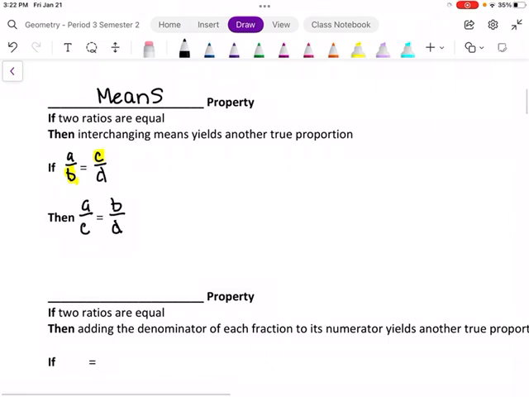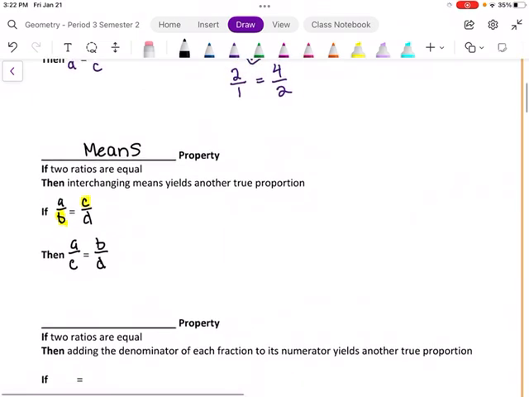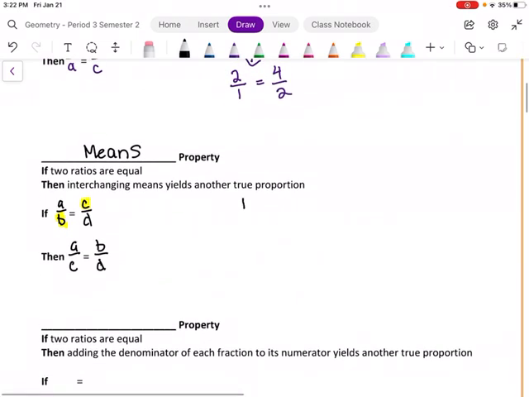So an example, again, if we're using numbers, if we had the fraction 1/2 equals 2/4, if we swap the means, in this one, they're both the same number. So if we swapped it, we would get 1/2 still equals 2/4.